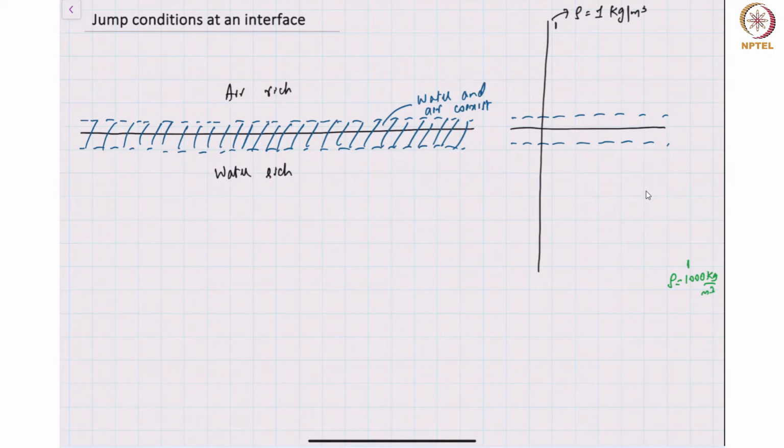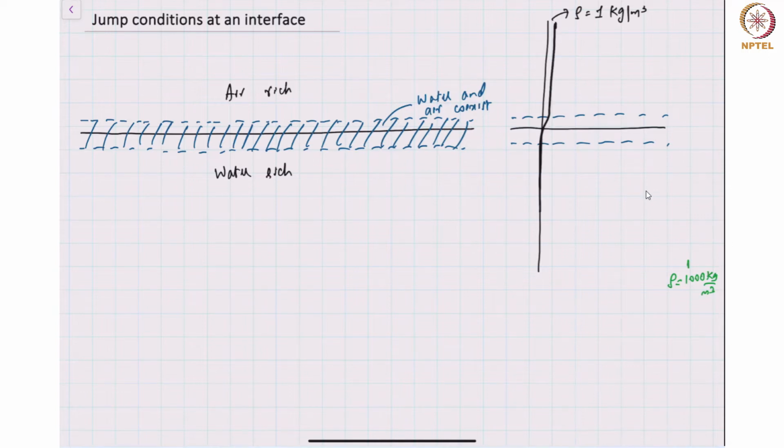So what I mean by water-rich and air-rich region is, if I plot the density of air, it will be by and large constant here, and then the density will approach 0.